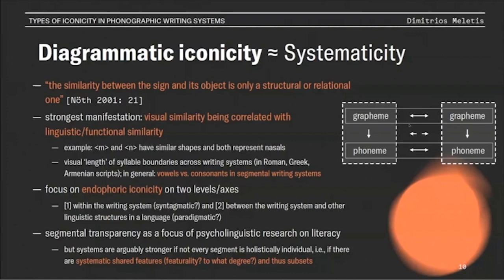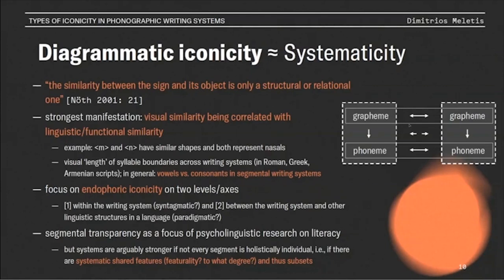And we saw many examples of this yesterday in Dave Roberts' talk, because this, of course, is where featurality is constituted. And a trivial example would be something like the consonants M and N being visually similar and referring to units that are also similar. We also find things like the length of syllables indicating syllable boundaries, not with spaces, but in a way it is a marker, I would say.